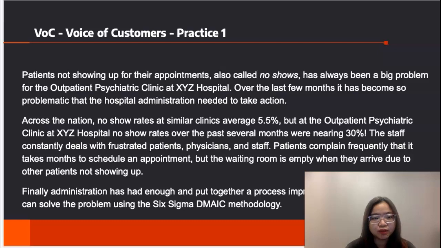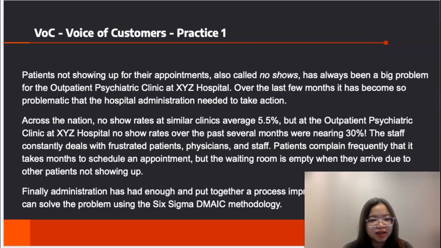We're going to go through three different examples. The first one is the case of XYZ hospital. The problem is that patients not showing up for appointments, also called no-shows, has always been a big problem for the hospital. According to the nation, no-show rates at similar clinics are around 5.5%.